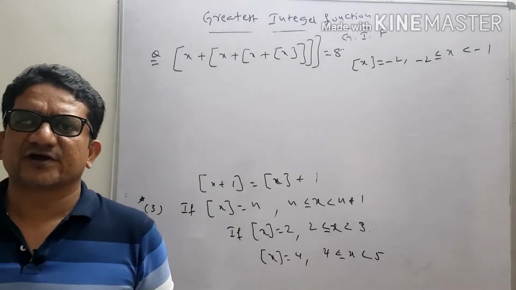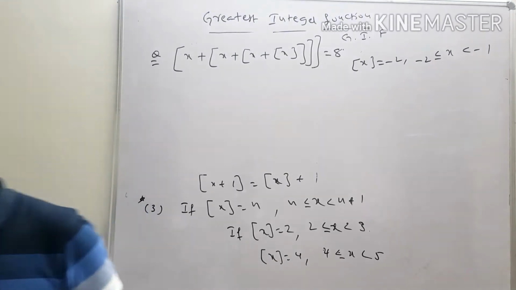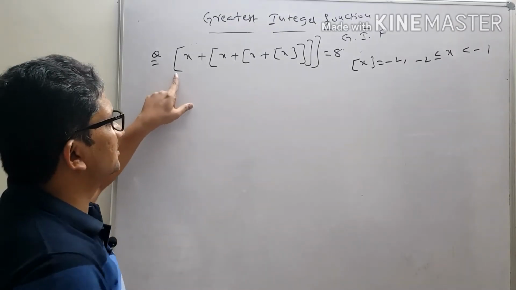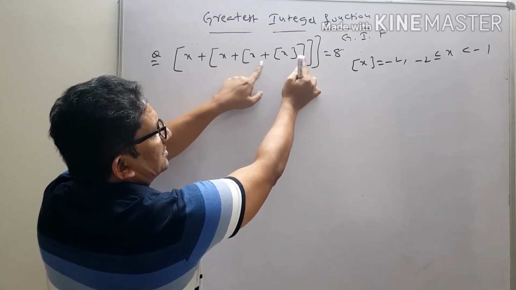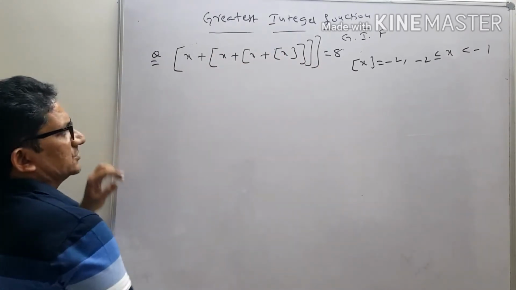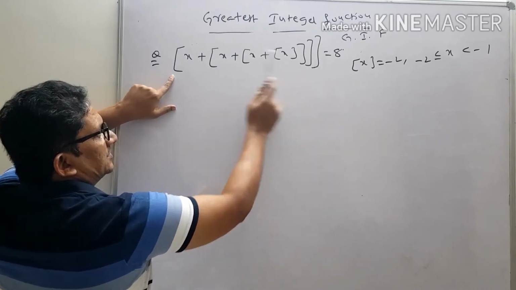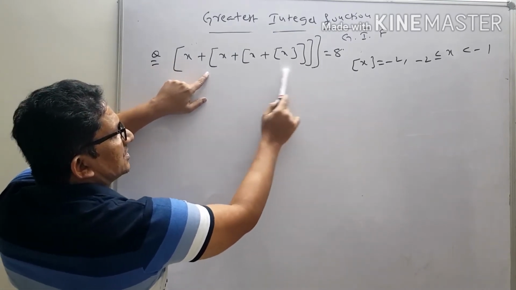Then find the value of x. You can check: first the outermost box, one box, and second box, and third box, and inside one box. So for this entire box, x plus some box is there.